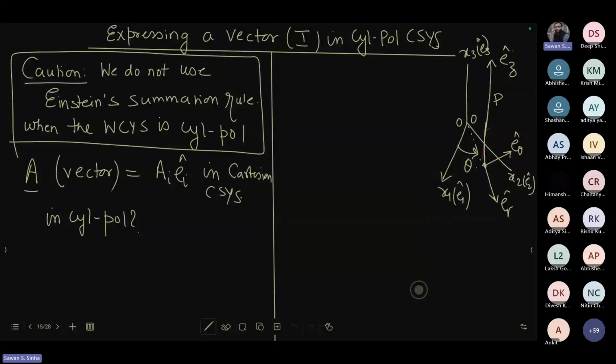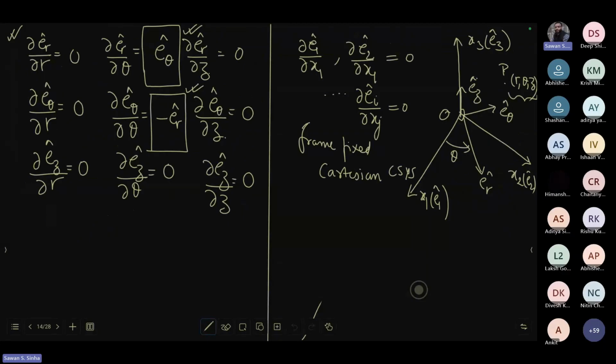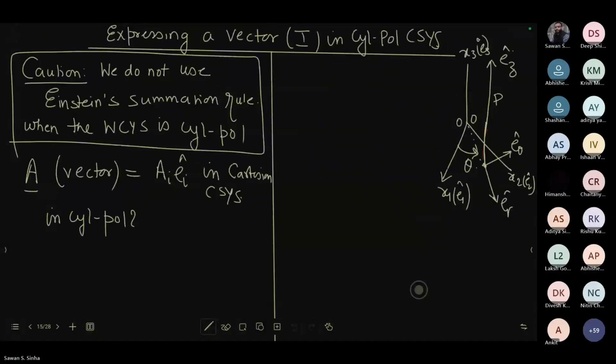Now let's try to express, with all this understanding and review, a tensor in cylindrical polar coordinate system. I've again drawn these ER, E theta, and EZ, and P is a point R, theta, Z coordinates.